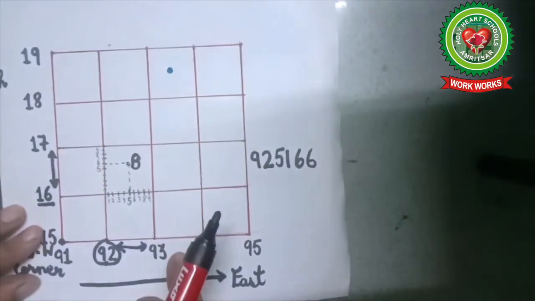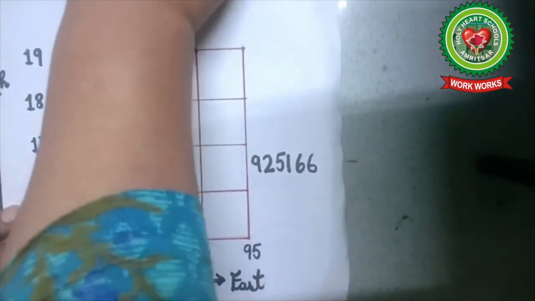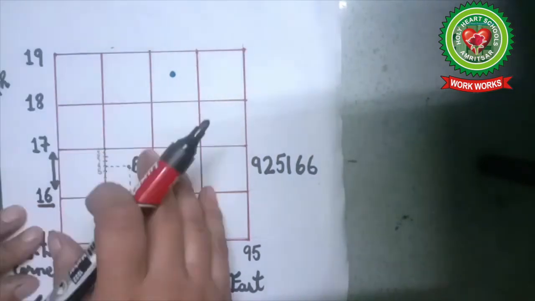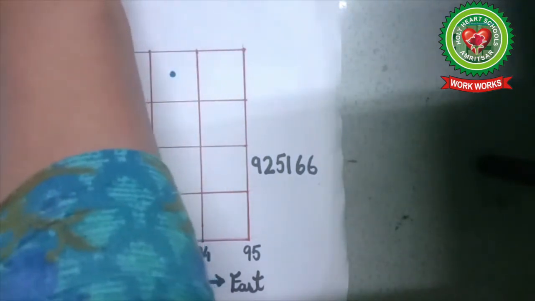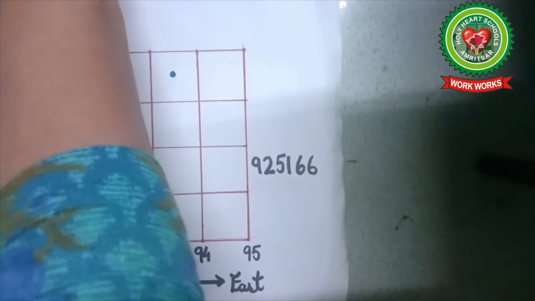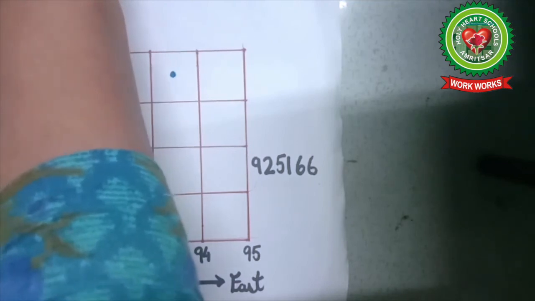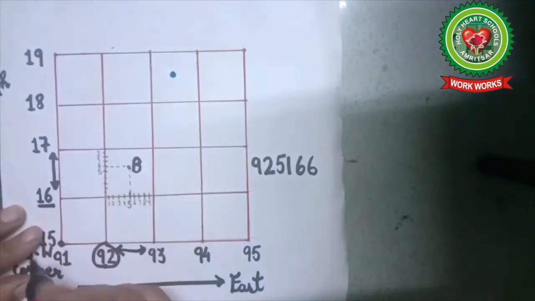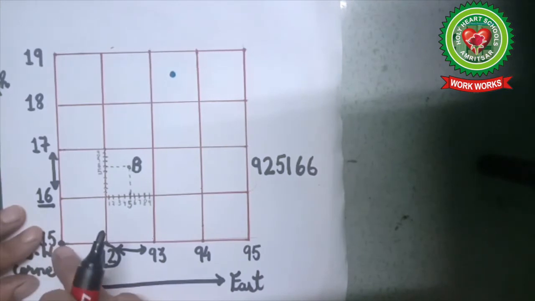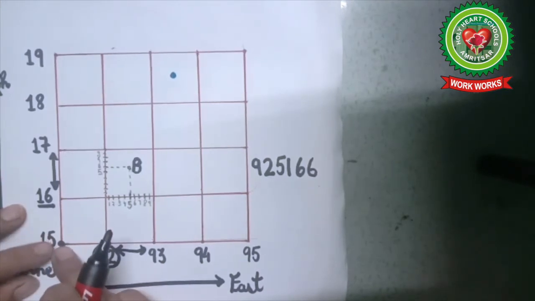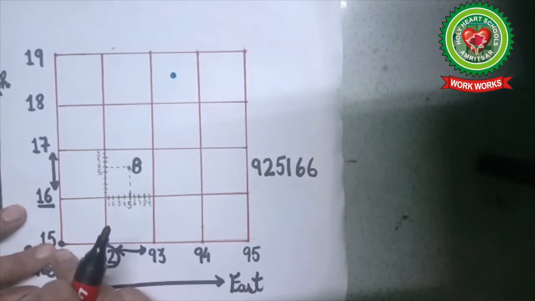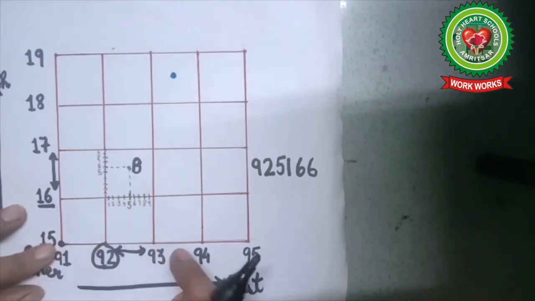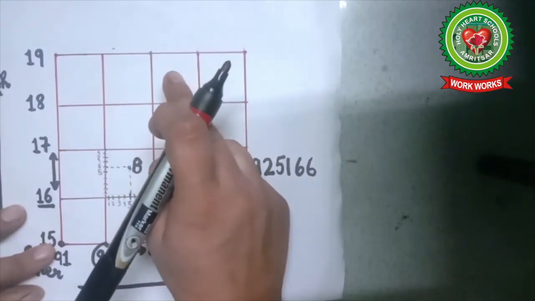So for this, first of all, we need to find out its 4-figure grid reference. For that, we will first see its origin, that is the southwest corner again. Now, after knowing our southwest corner, we will look for its eastings along which it lies.